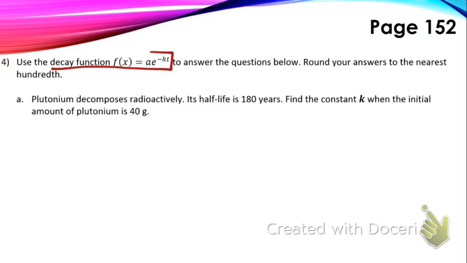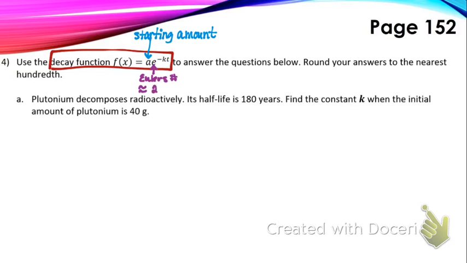This is called the decay function. This a in front, that's my starting amount, and we kind of used this a little bit in our exponential unit. We were introduced to this idea in our exponential unit. A is my starting amount. What's E? Does anybody remember what that E is? Is it a variable that has a meaning? No. This is Euler's number.